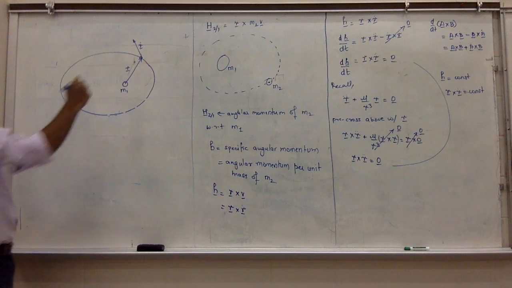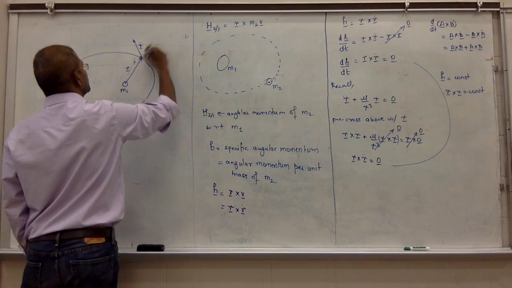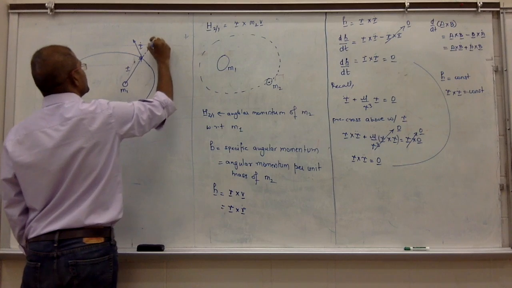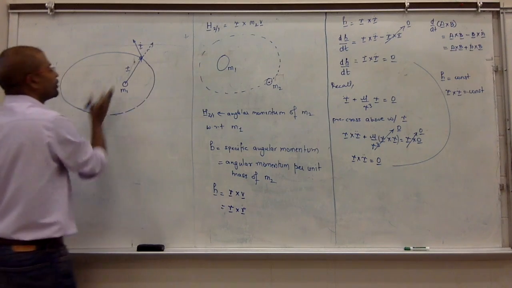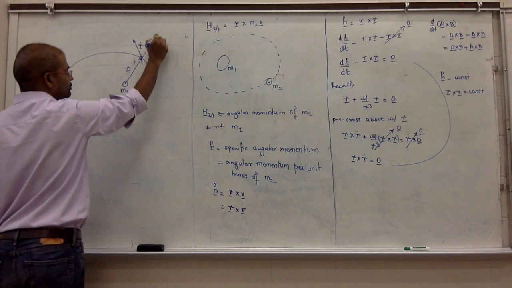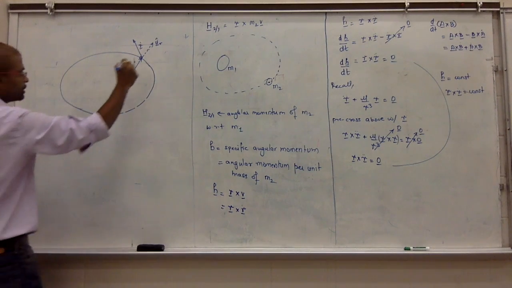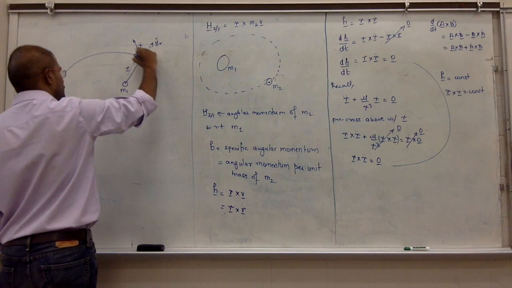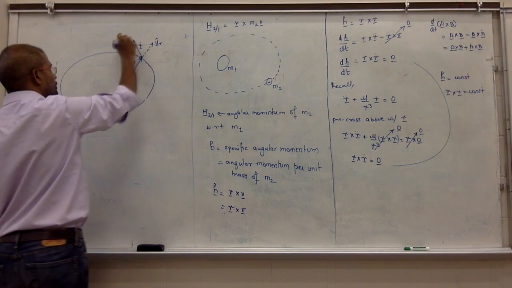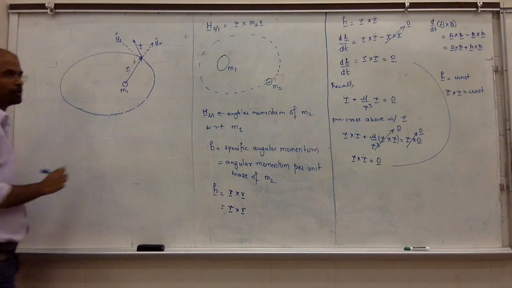So this vector will have this component, the radial component. This is the UR direction. And what is this direction? This is the U perpendicular, the tangential direction.